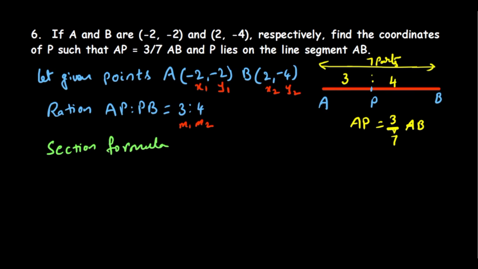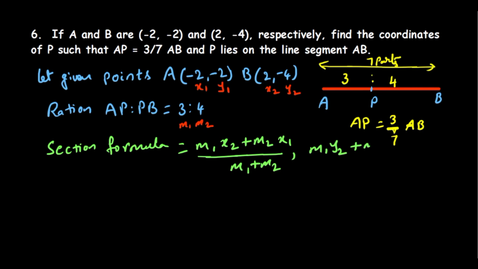The section formula is (m1 x2 plus m2 x1) divided by (m1 plus m2), and (m1 y2 plus m2 y1) by (m1 plus m2).